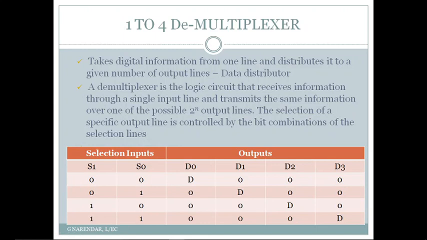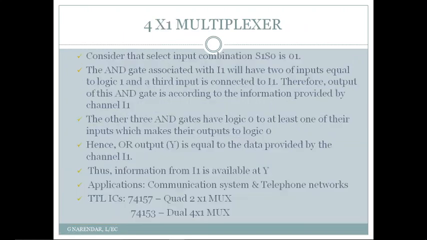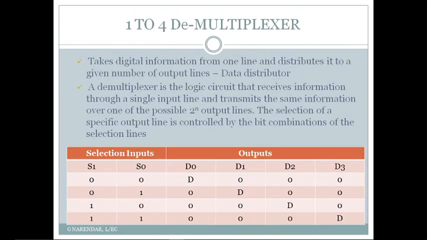exactly what a 1 to 4 demultiplexer is, we'll see what a demultiplexer is and what the function of a demultiplexer is. So a demultiplexer is a combinational logic circuit which takes digital information from only one single line and distributes it to a given number of output lines.